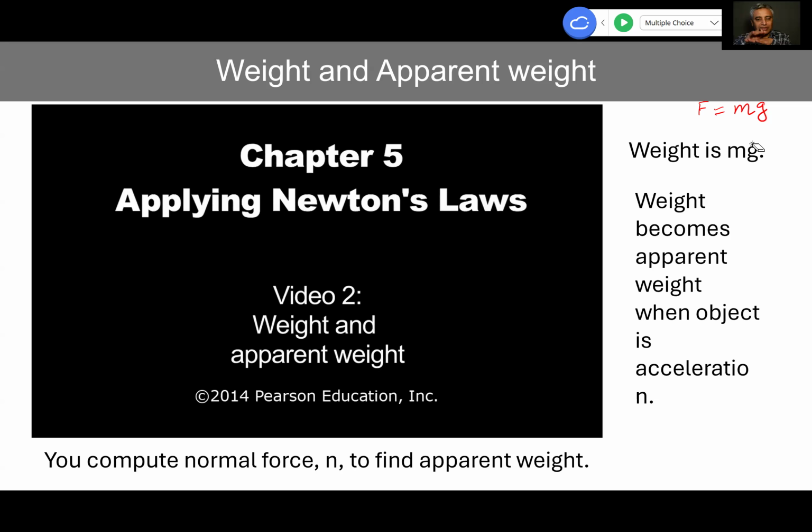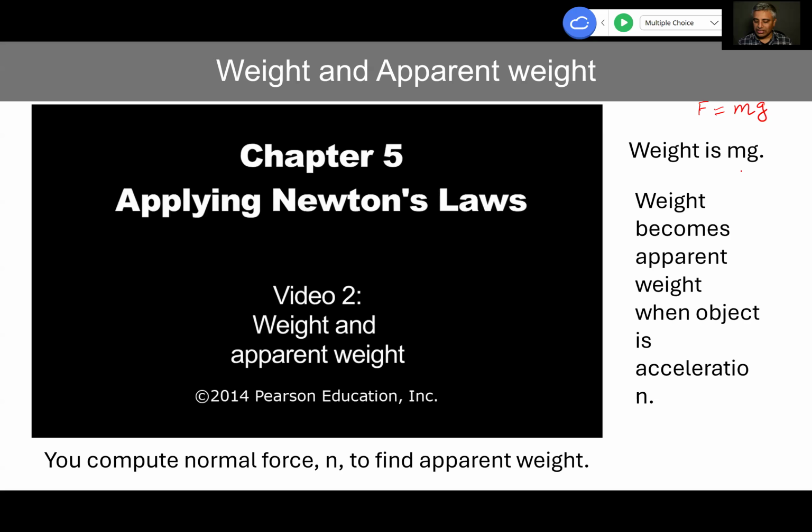The reading of the scale is not going to be mg. So let's suppose you put a scale on an elevator that shows your weight, okay? And you stand on it. So when the elevator is not accelerating, what happens? Your weight is going to be m times g.